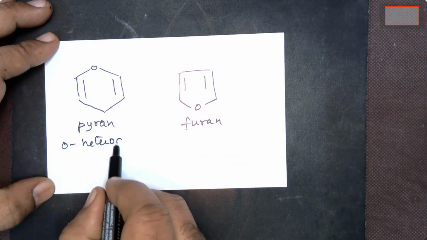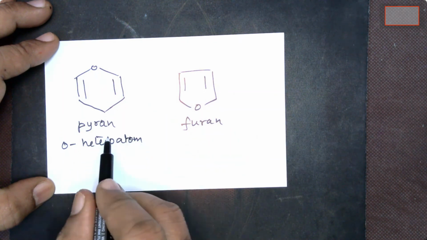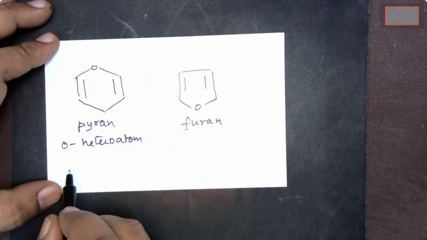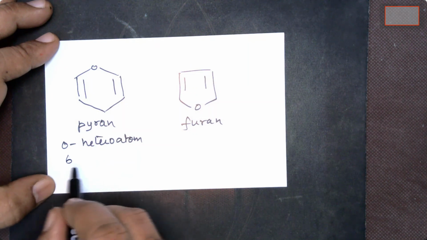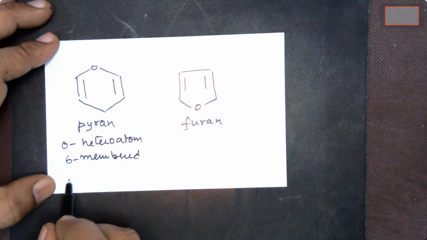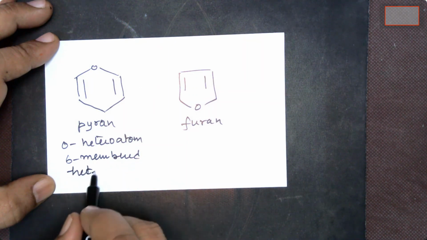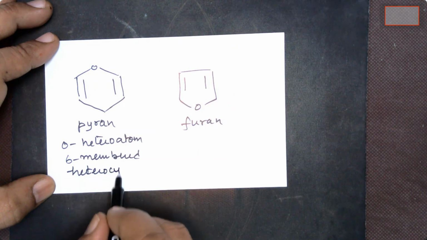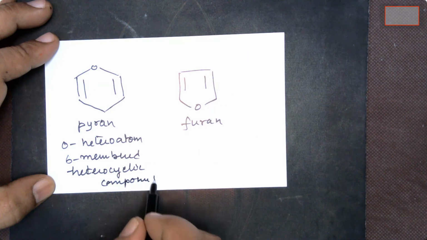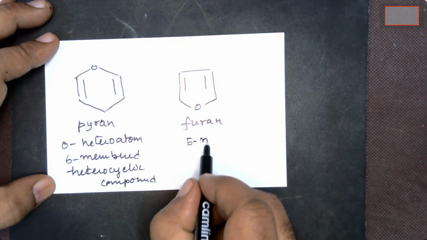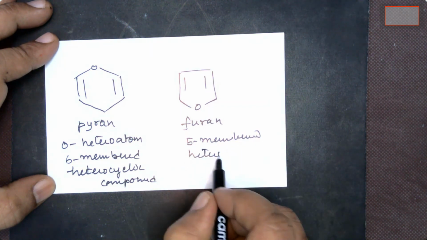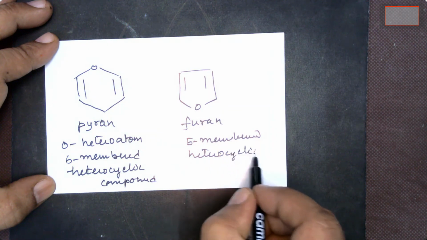Take down. Hetero means different, and here also oxygen is a heteroatom. So this is a 6-membered ring. Heterocyclic compound. This is a 5-membered heterocyclic compound.